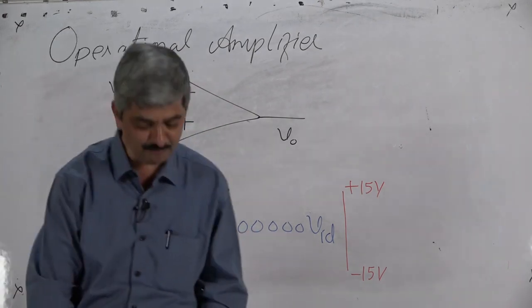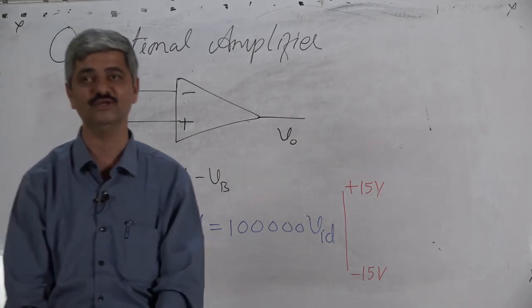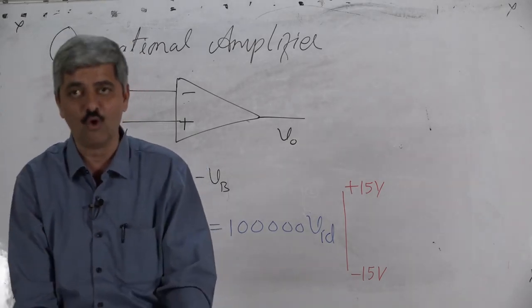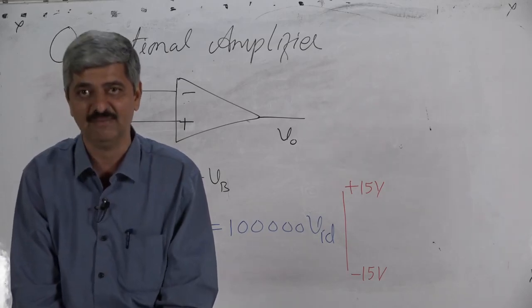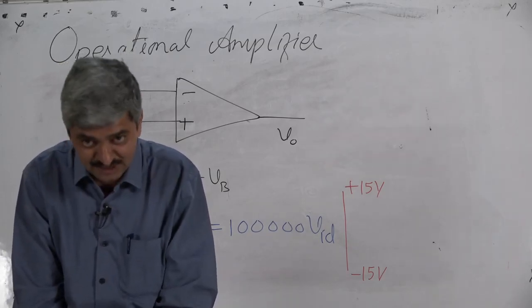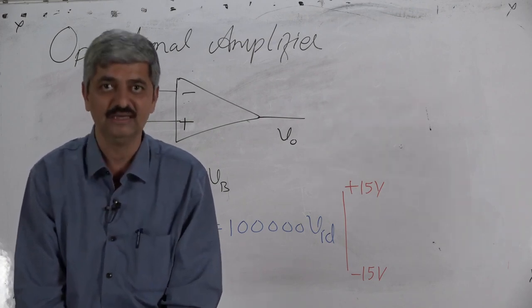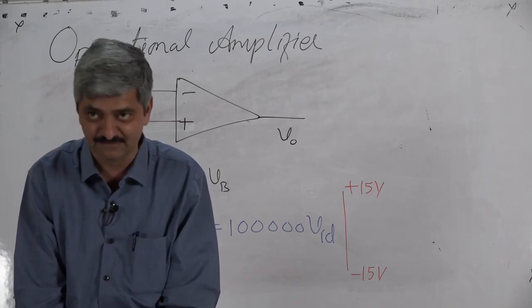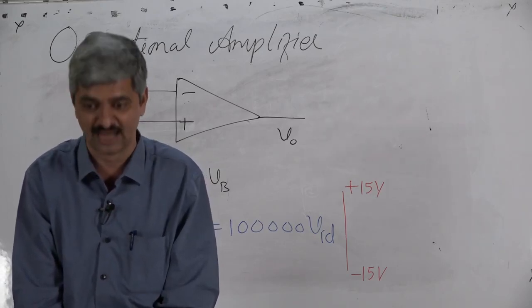So the op-amp works in such a manner as to ensure VO is equal to 1 lakh into VID, where VID is VA minus VB, subject to limits that VO is restricted at plus 15 on the upper side and at minus 15 on the lower side.